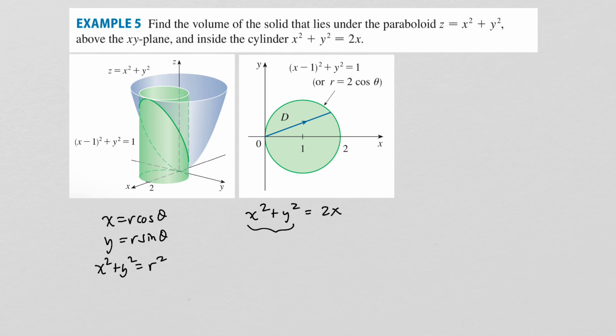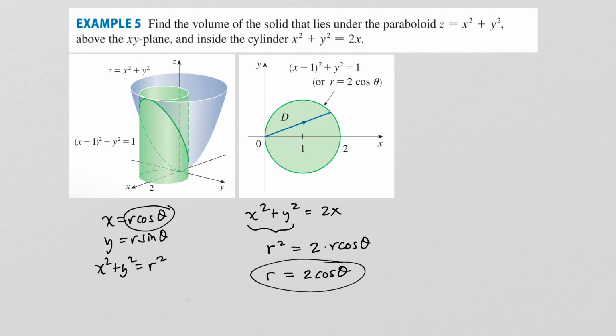So I can replace this with r squared, and then 2x becomes 2 times r cosine theta. And if we divide by r, we get r equals 2 cosine of theta. So that is the polar equation for this circle.